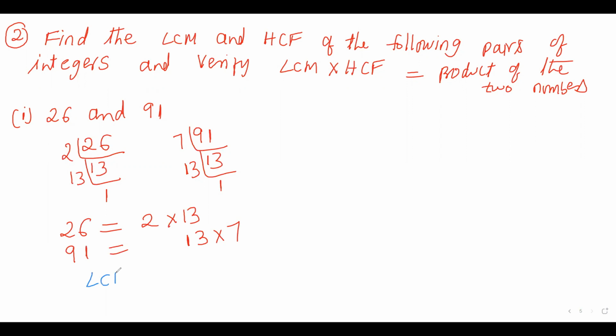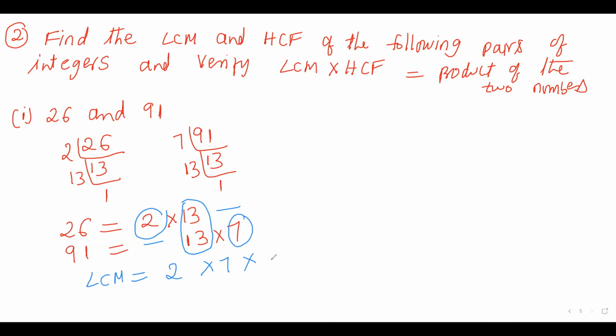Let's find LCM and HCF first. LCM. In case of LCM, uncommon factors must be taken. So 2 and 7 will be taken. If the factor is common in both the numbers, then you will be taking bigger one. Here both are 13. There is no bigger one or smaller one.